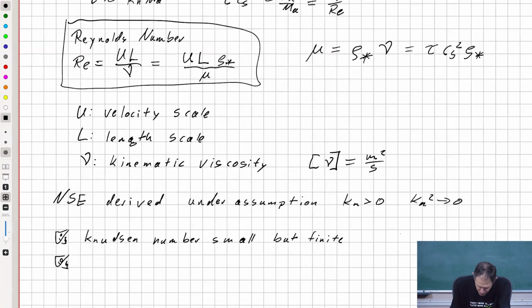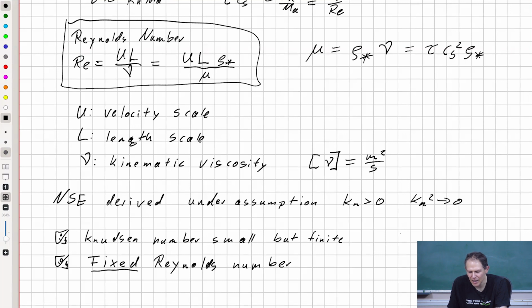Another thing we want to take into account is that for our engineering problems in particular, we have a finite Reynolds number.